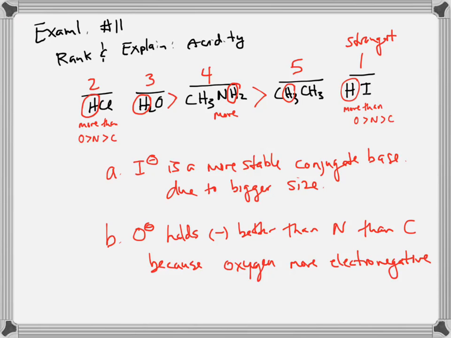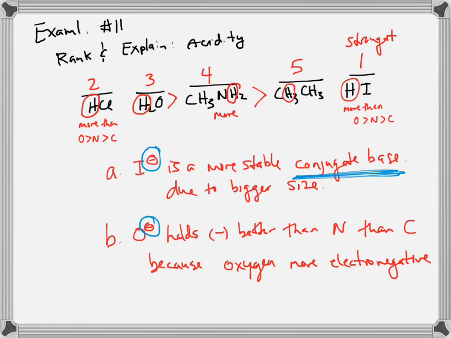One of the big things that we can look at in this case is that in both of these explanations, you'll notice that I started off my answer with I minus and O minus. Why minus? We're looking at the conjugate base. So when we're ranking acid strengths, we're ranking them based on the stability of the conjugate base. So if you're trying to determine which acid is a stronger acid, you look at the conjugate base.